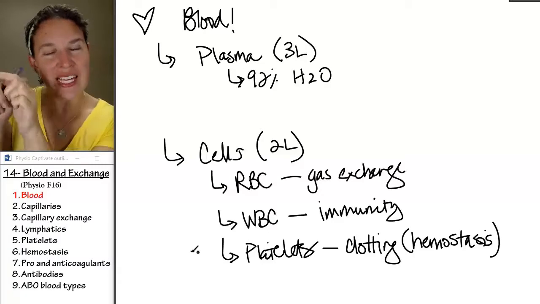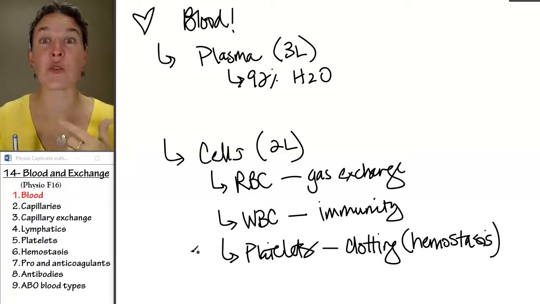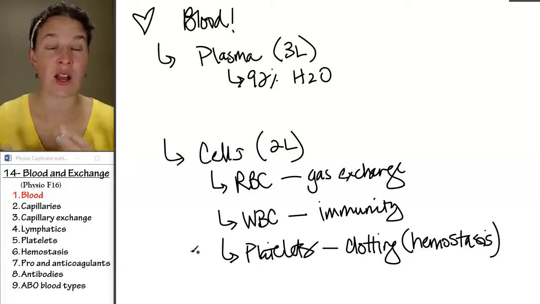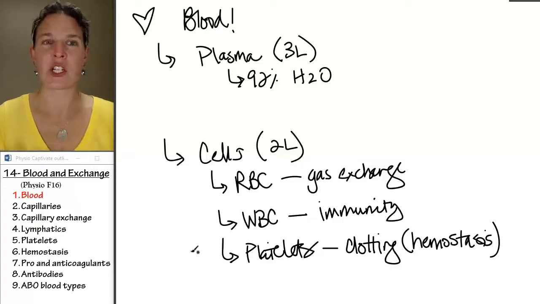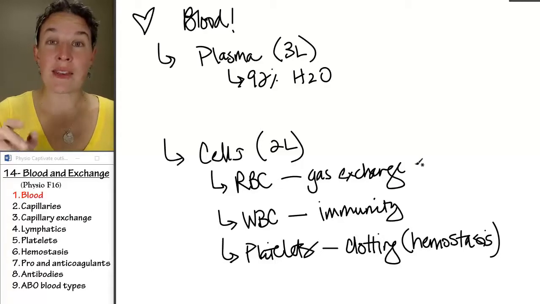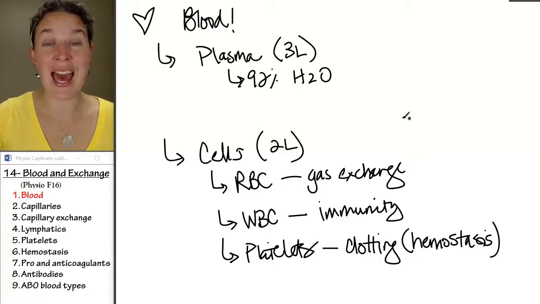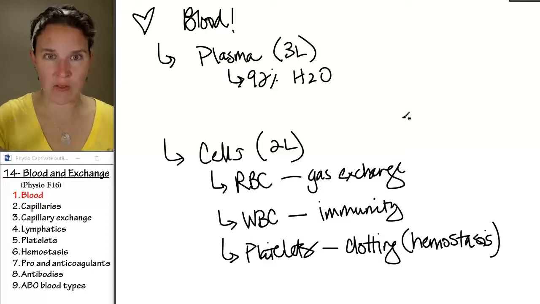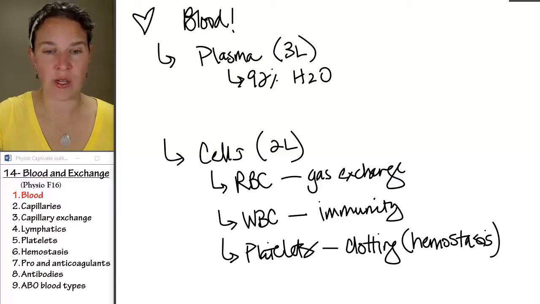And then we're going to do this little intro link to the immune system, and we're going to talk about blood typing, which is an immune topic, but we're going to introduce that today to create that link. Okay, how do you feel? All right, we're going to start out by looking at the structure of capillaries because that is where exchange of anything at all is going to take place.